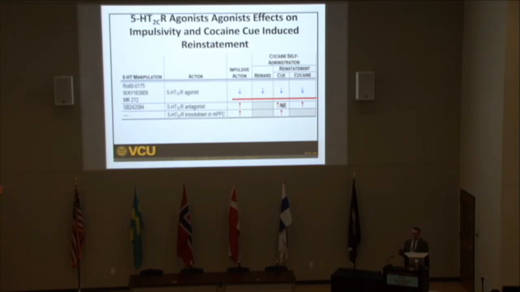So it's a potential avenue for treatment of drug addictions that cut across disorders. As Warren was mentioning earlier, it's not specific for a specific substance of abuse. So this suggests 2C receptor agonists could be a target for medication development for addictions.